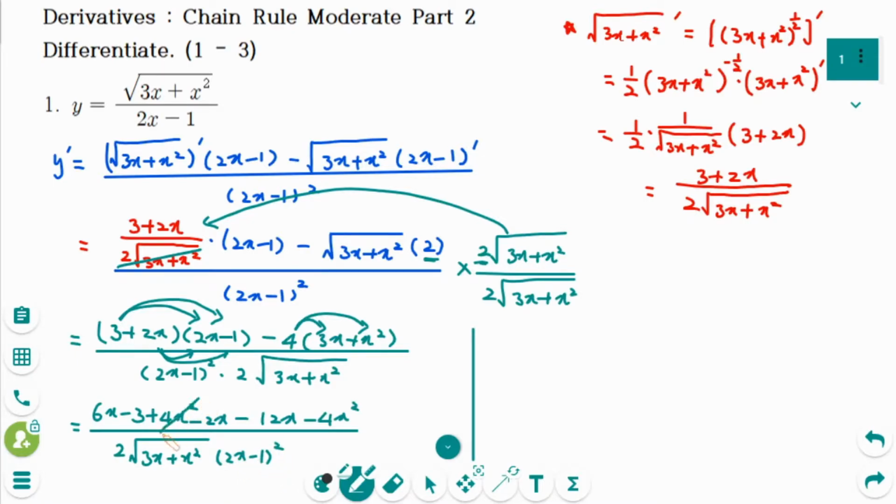Then 4x squared minus 4x squared cancelled. Then 6x minus 2x, which is 4x, minus 12x. So minus 8x minus 3 over 2 square root of 3x plus x squared times 2x minus 1 squared.